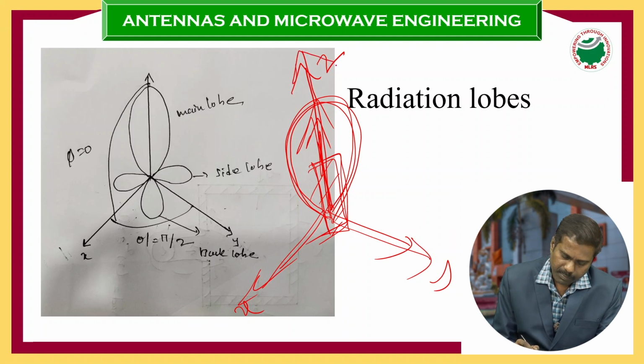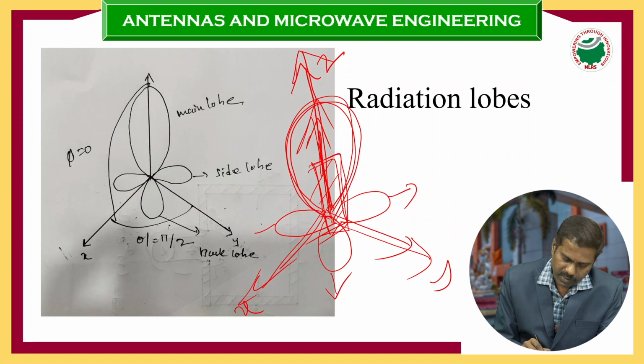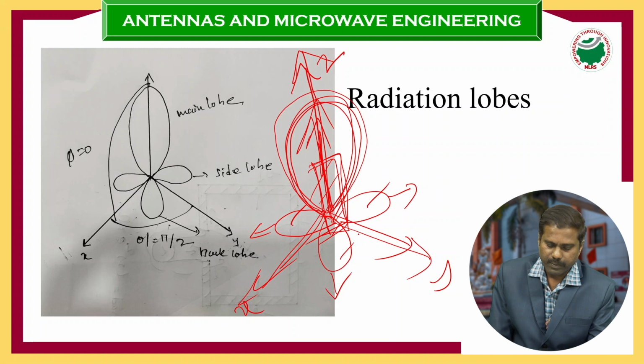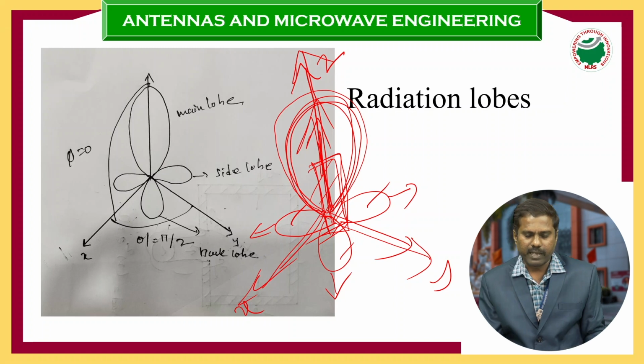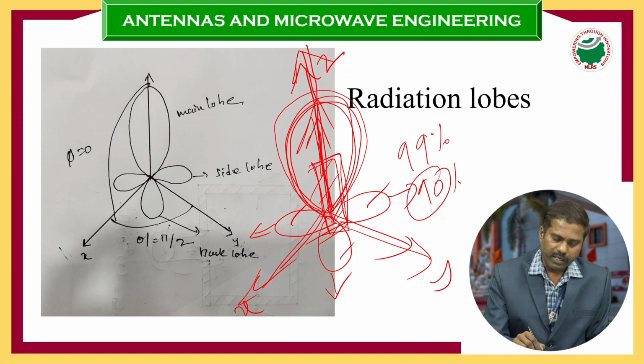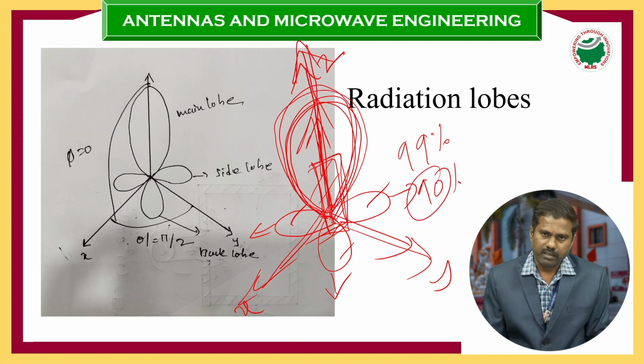Here it is represented with the major lobe, and these are called the small lobes: this is a side lobe, this is the back lobe, this is a side lobe. Wherever the major radiation is concentrated is the major lobe, and the others are the side lobes. The maximum, 90% or 99% of the radiation, is propagating towards the z direction.